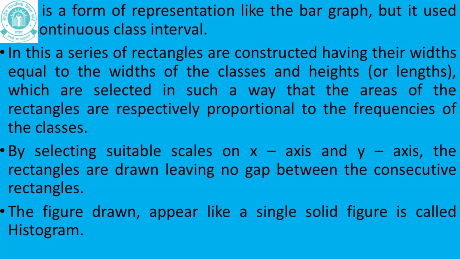By selecting suitable scales on the x-axis and y-axis, the rectangles are drawn leaving no gap between consecutive rectangles. The figure drawn appears like a single solid figure and is called a histogram.